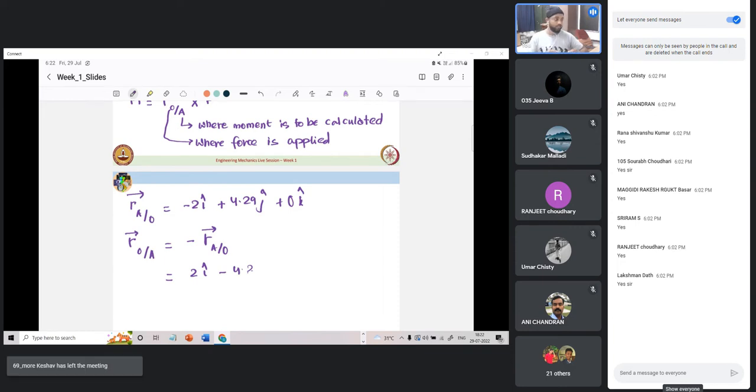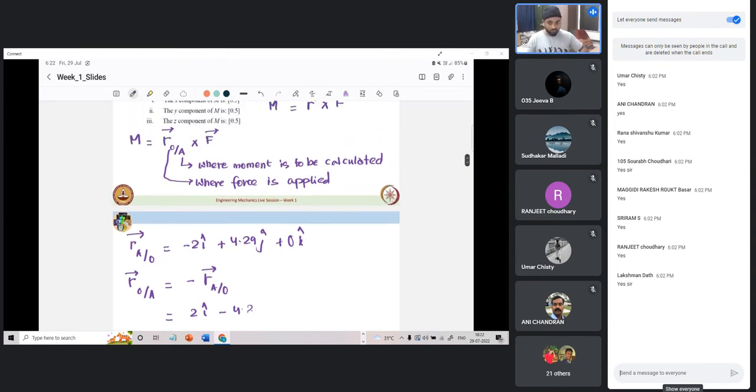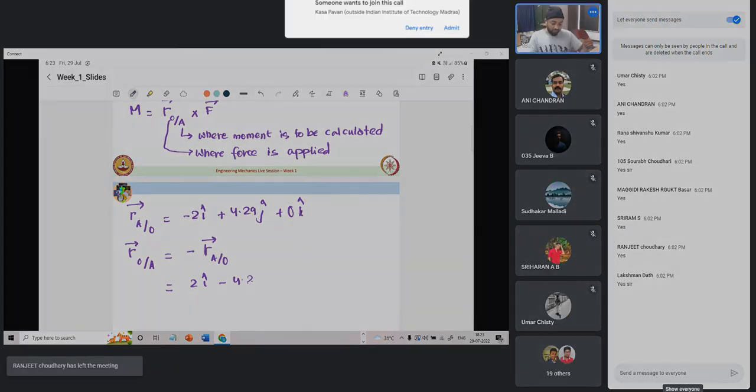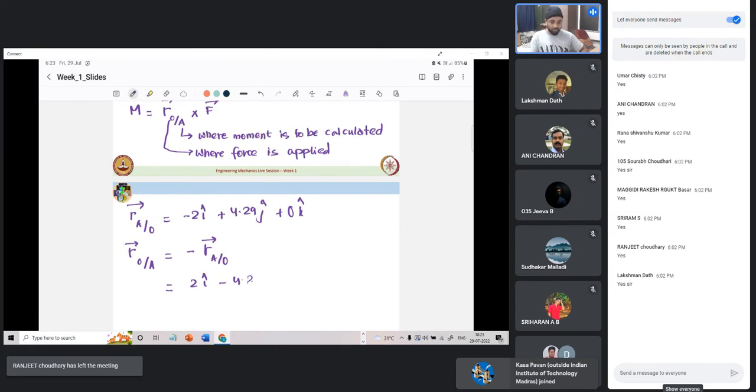I'm having some problem with the pen I was writing with. So anyway, can you just calculate what this will come out to be? ROA. See, RA with respect to O is minus 2 I cap plus 4.29 J cap plus 0 K cap.